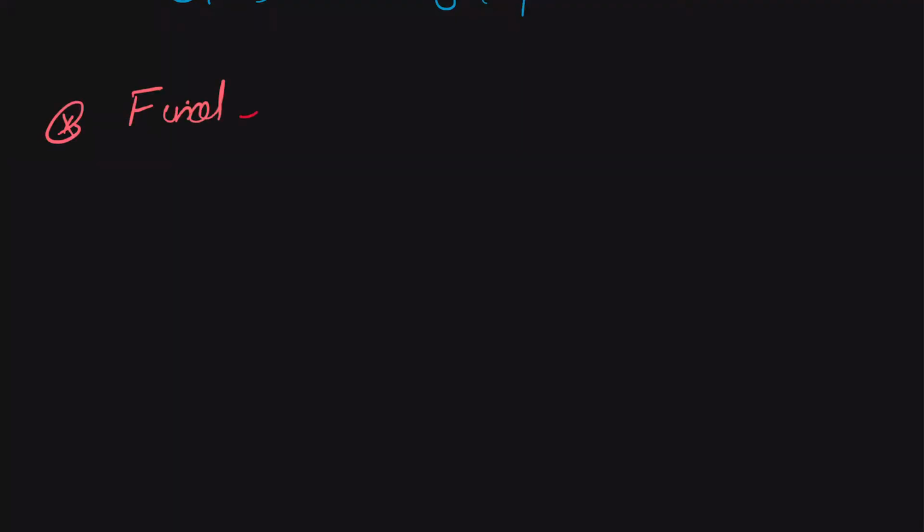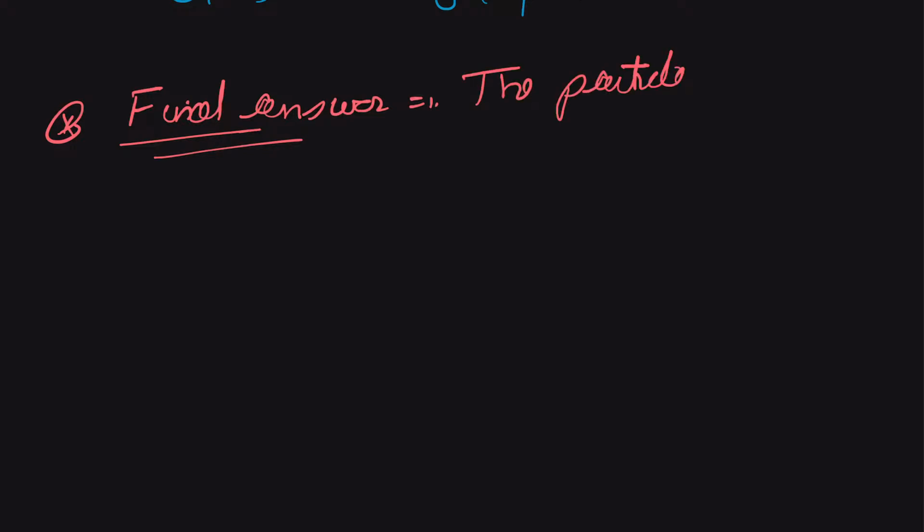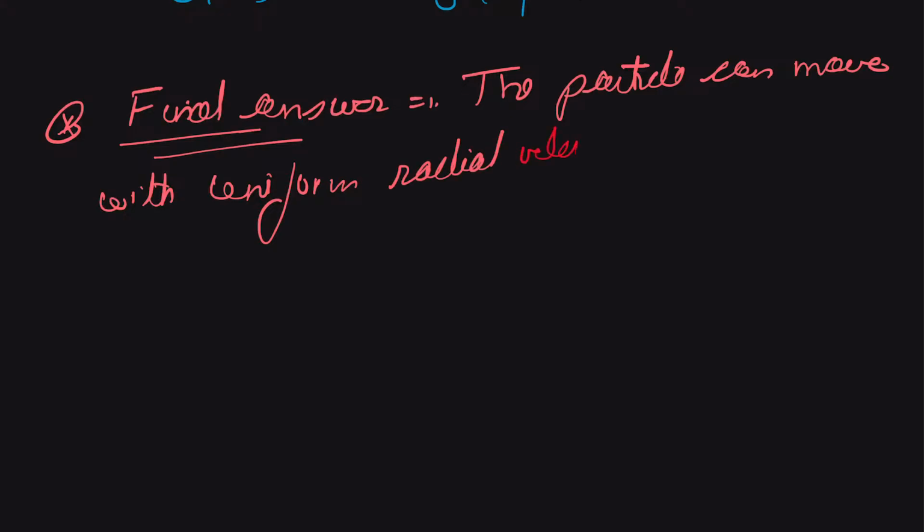So we can say our final answer: the particle can move with uniform radial velocity if we have L square is equal to mu times k.